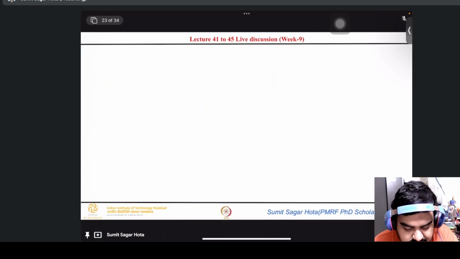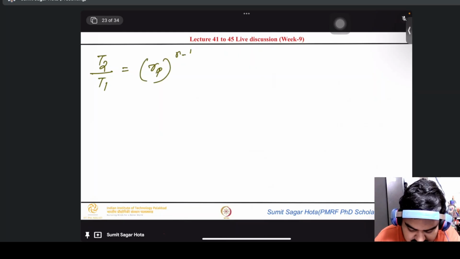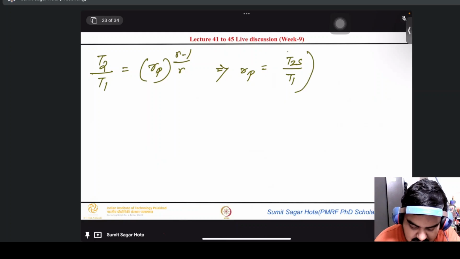Okay, so next will be what? T2s. Now you know very well T2, we have the T2s. So what we need? We need to find out the pressure ratio, RP. So T2s by T1 is equal to RP to the power gamma minus 1 by gamma. So we need to actually find out RP is equal to T2s by T1 to the power gamma by gamma minus 1.